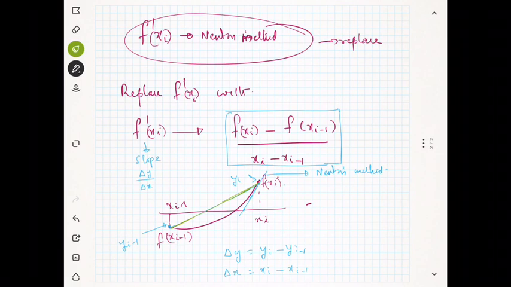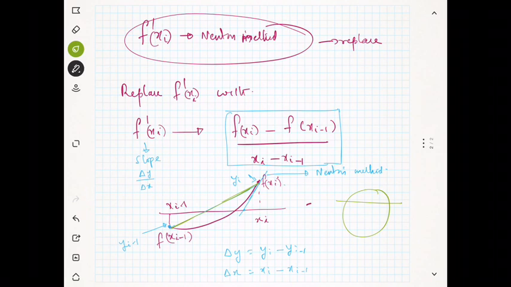Whenever you draw a line on a curve which meets the curve at two points, that is known as a secant. Suppose you have a circle and you draw a line, that is a secant.